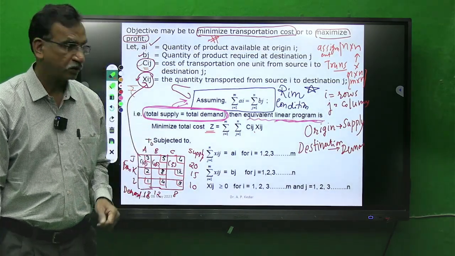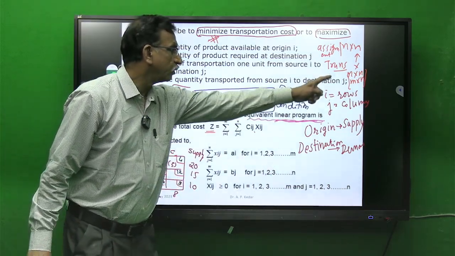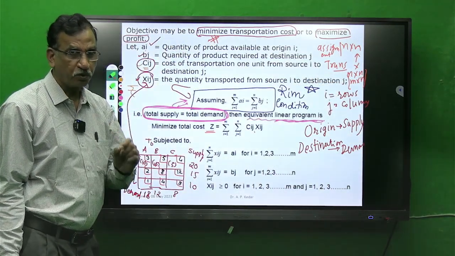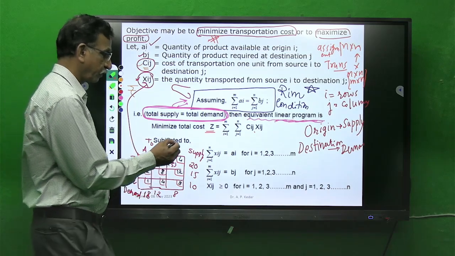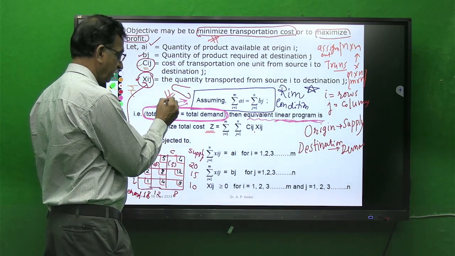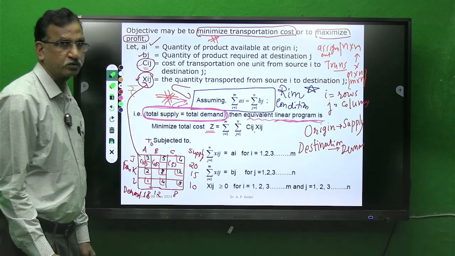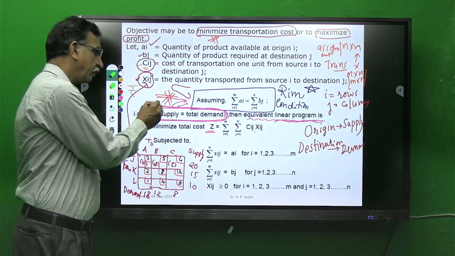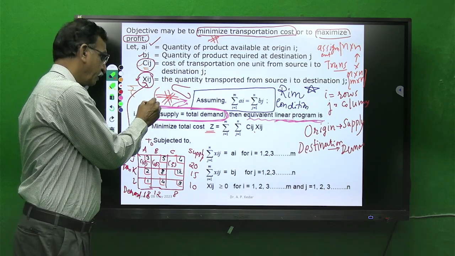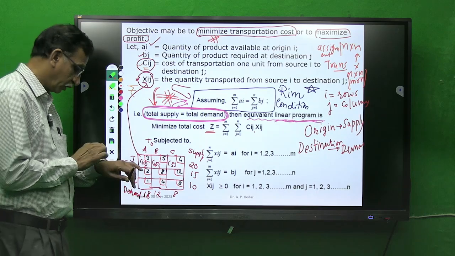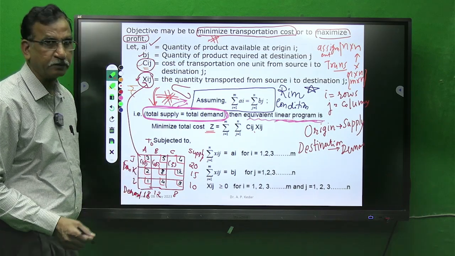But while going for square or non-square, the important condition is, again I am focusing my attention on this: when you start finding the solution to the transportation problem, at the very first step ensure that total supply is equal to total demand, which is the need.